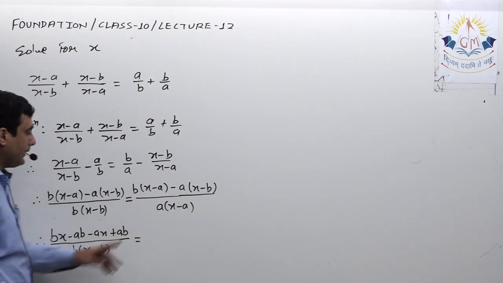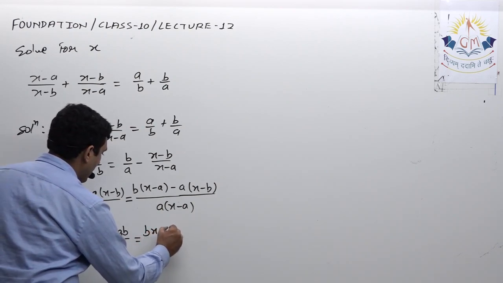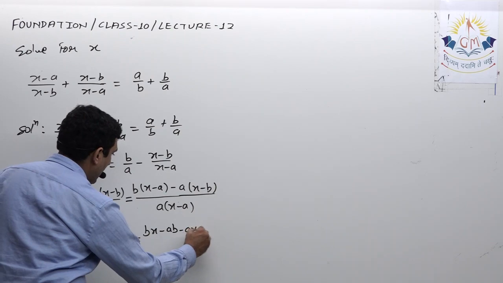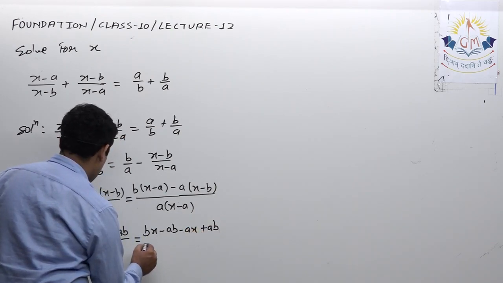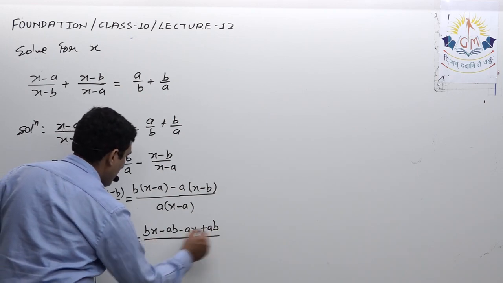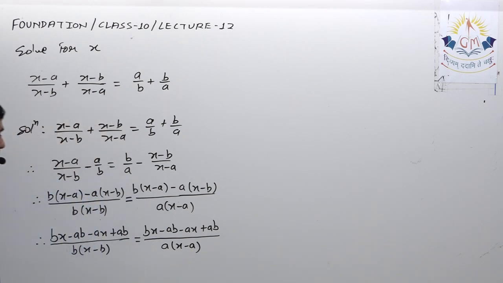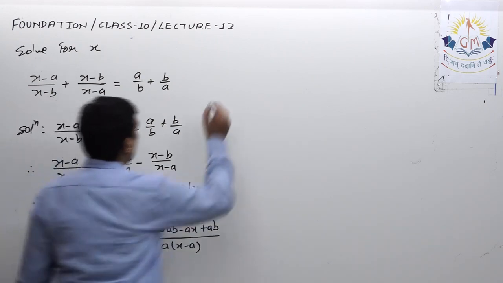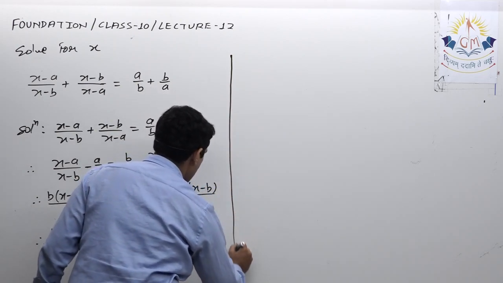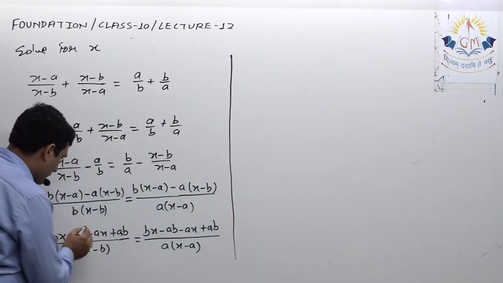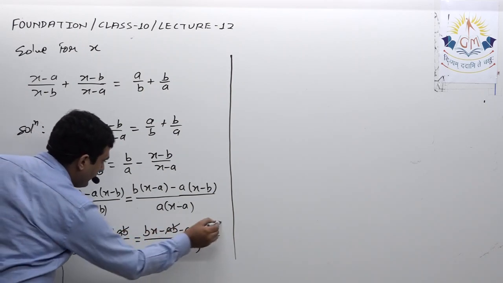Now over here it will become bx minus ab minus ax plus ab upon ax minus a. Now the very first thing I can see is that minus ab plus ab cancel out. Here again minus ab plus ab cancel out.